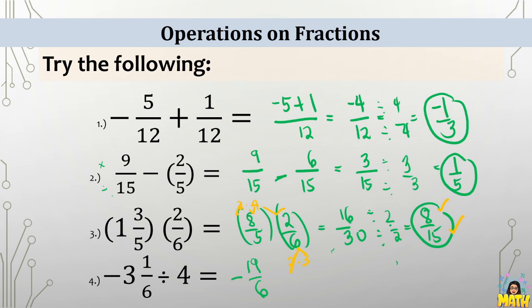So in dividing, we copy the first fraction and multiply it to the reciprocal of the second fraction. The reciprocal of 4 is 1/4. So here, proceed to the rule of multiplication. Negative 19 times 1 is negative 19 over 24. This is already the simplest form.